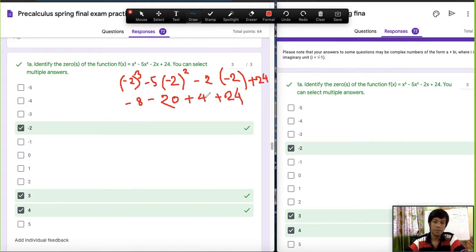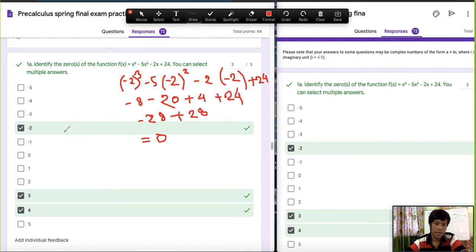You can see 24 plus 4 equal to 28, and minus 20 and minus 8 means minus 28. That means minus 28 plus 28, so ultimately it is 0.